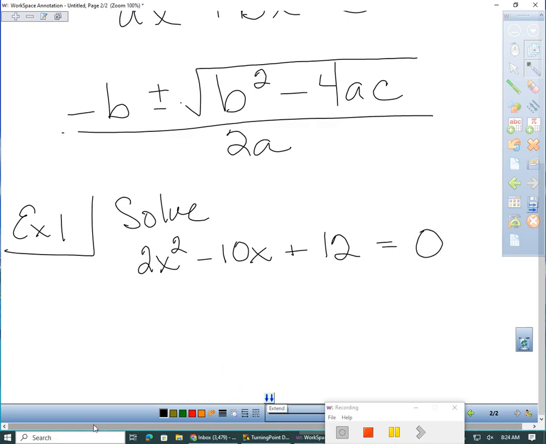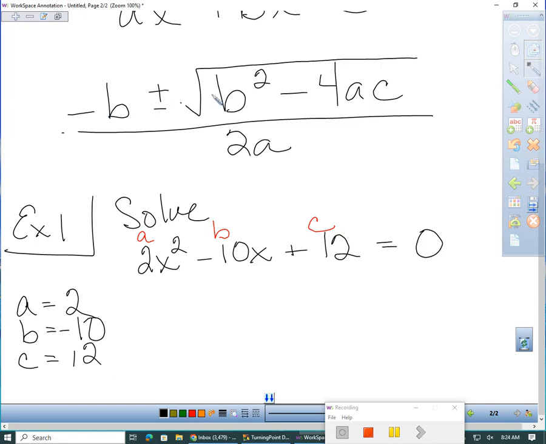All right. So if you look here, this is my ax squared, bx, and c. What I really like to see you do is go over on the side and say, okay, my a is 2, b equals negative 10, and c equals 12. Then you don't have to look at that equation anymore. It's just all right there for you.